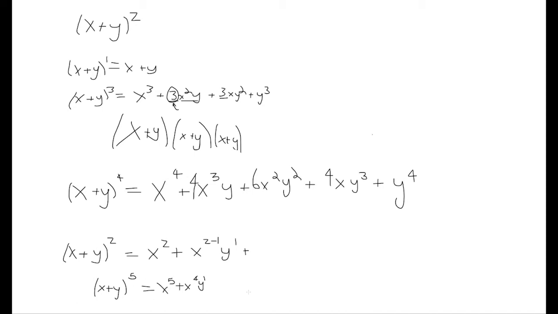So this applies in general for all x plus y to z's, except we have to say z minus 1 and 1 instead, just to keep it general. Because, for example, if it was x plus y to the 6th, it would be x to the 5th times y, right? Or if it was to the 100th, it would be x to the 99th times y. And so on. Okay.